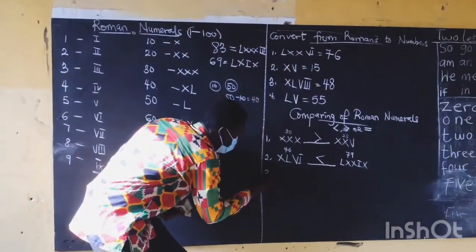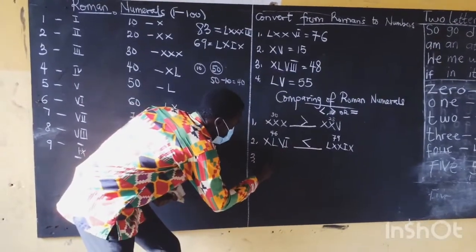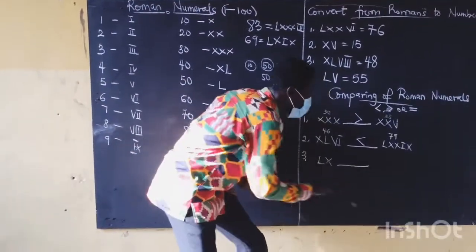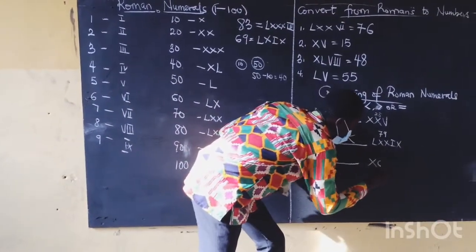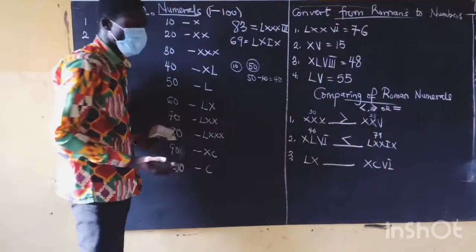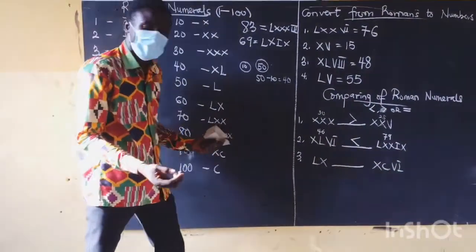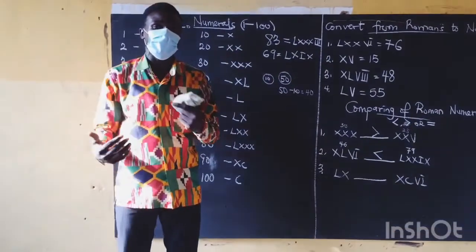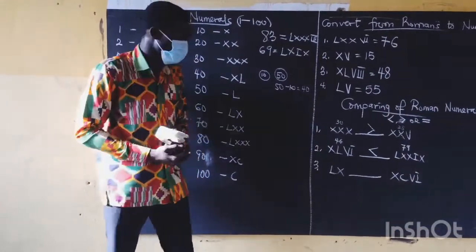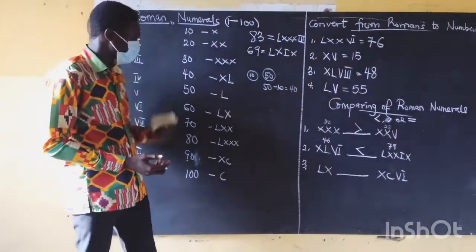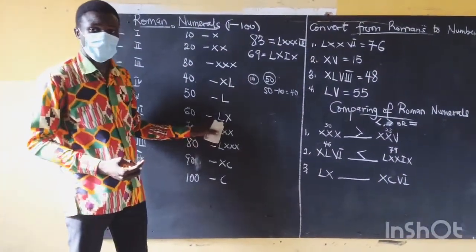Let's look at the last one. We have, let's say, LX, comparing this to XCVI. This is Roman numerals. They are letters. Before I'll be able to compare, I have to convert them into numbers. The question is, LX stands for what? From our chart, LX is for 60.